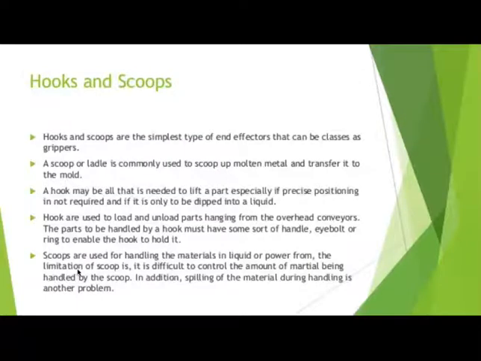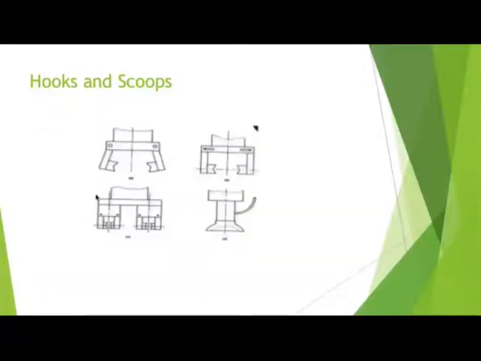The limitation of a scoop is that it is difficult to control the amount of material being handled. In addition, spilling of the material during handling is another very dangerous problem. This is what hooks and scoops are.